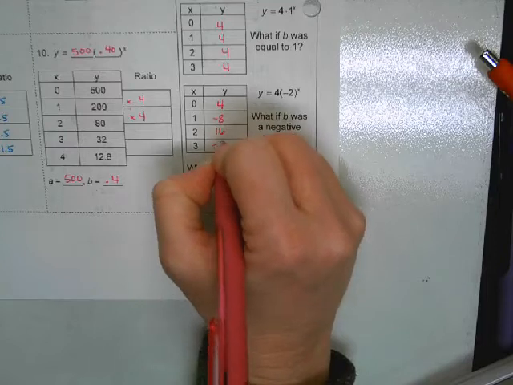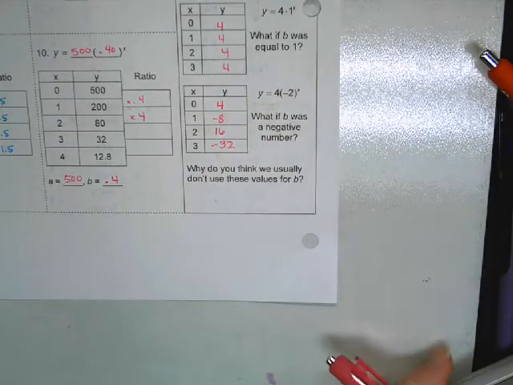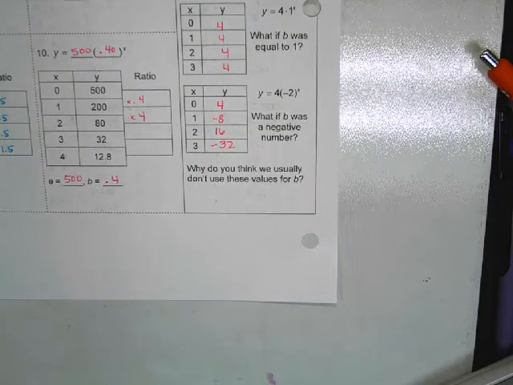And if you try to graph that, it won't graph. Because even if we weren't doing, right now we're doing integers, but the same thing would happen if we did decimals. It would go back and forth and back and forth. It's called oscillating. It would go like this. And that is not an exponential function.